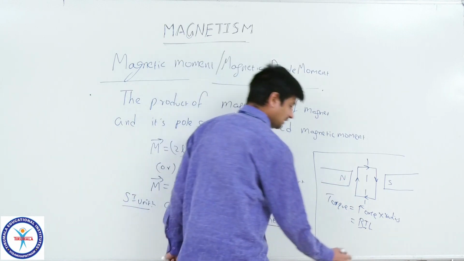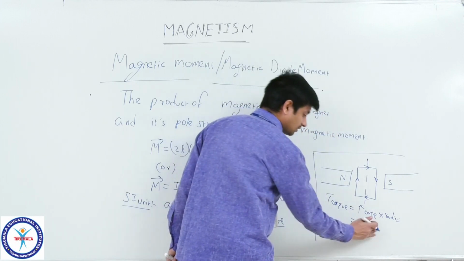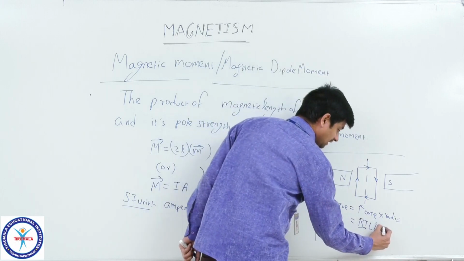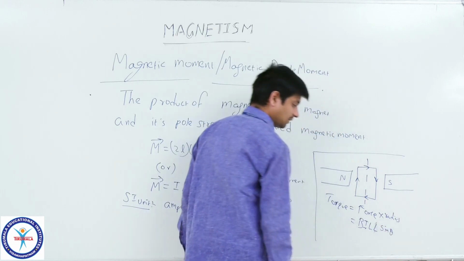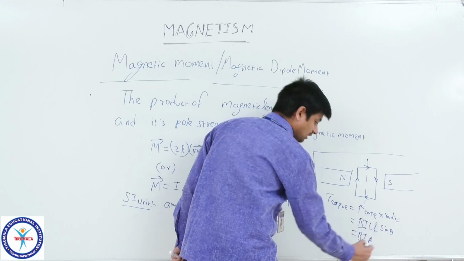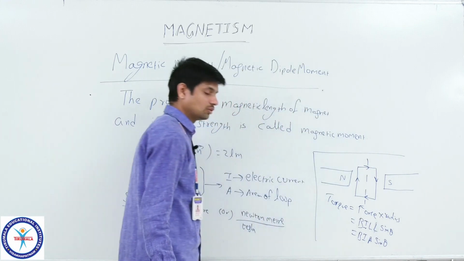So, BIL and the radius can be taken as again L. BIL and the angle, sin theta. So, here you can see BIL into L, area, sin theta.